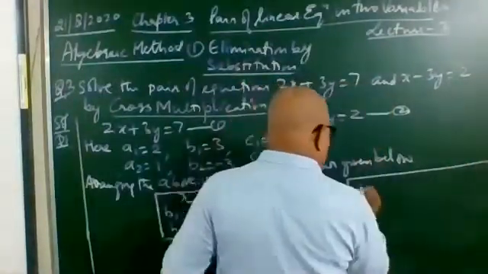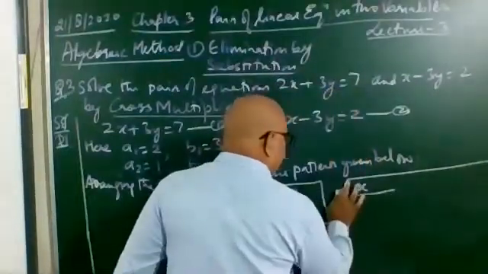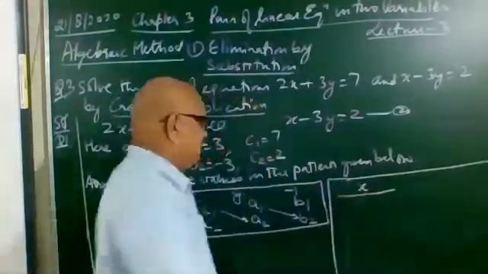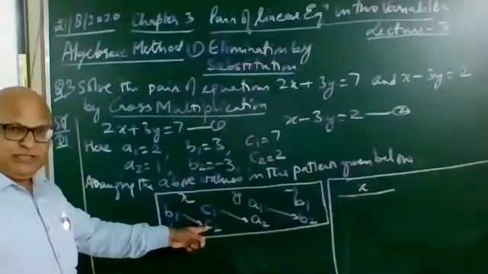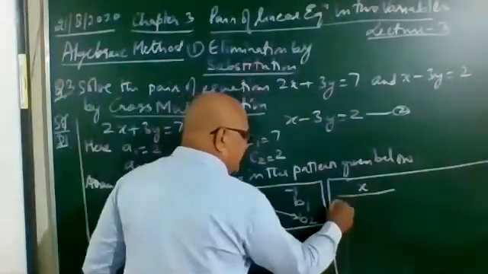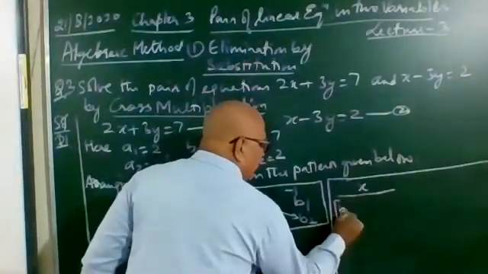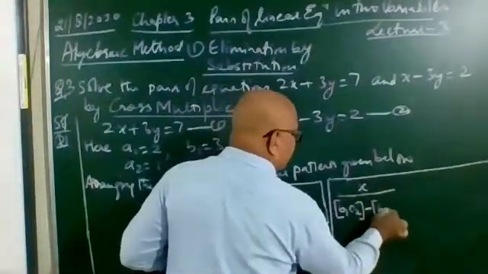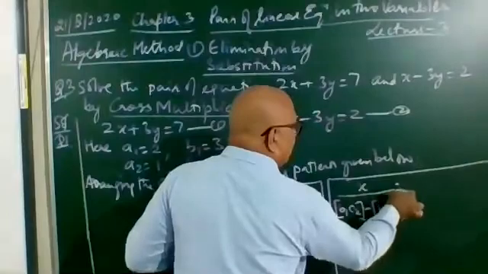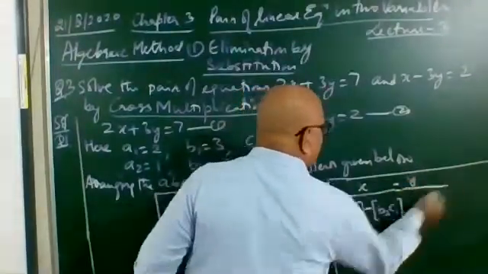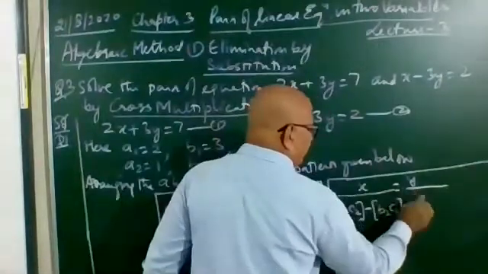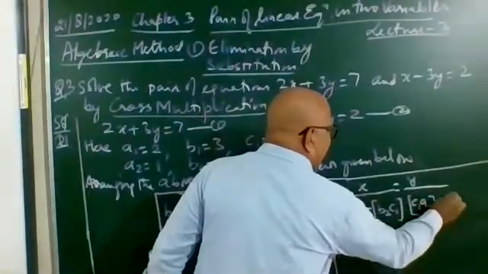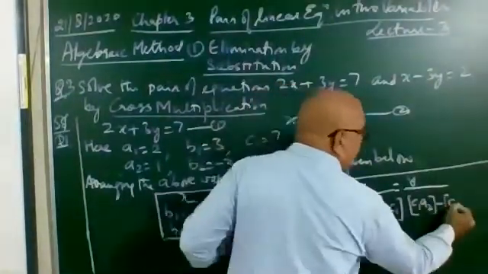You remember this: x upon b1 into c2, that is the arrow which we first put like this, b1 c2 minus b2 c1. y upon c1 a2 minus c2 a1.